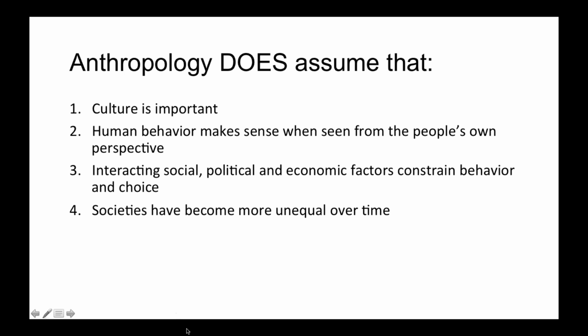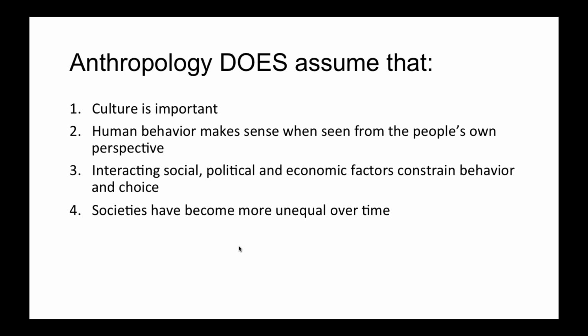perspective. And then there are, as I said before, social, political, and economic factors that are very important in constraining behaviors. And then finally, one of the things I think is relatively important is that if we look at the archaeological record, or if we look at the tendencies in human history, societies have become more unequal over time.